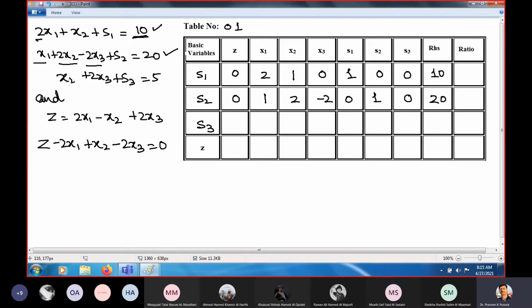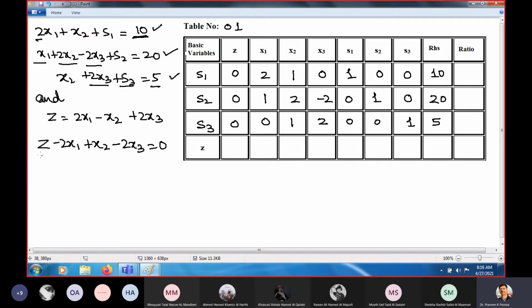Now Z in the third equation, no. X1, no. X2, yes, 1. X3, 2. S1, no. S2, no. S3, yes. And the right hand side is 5.